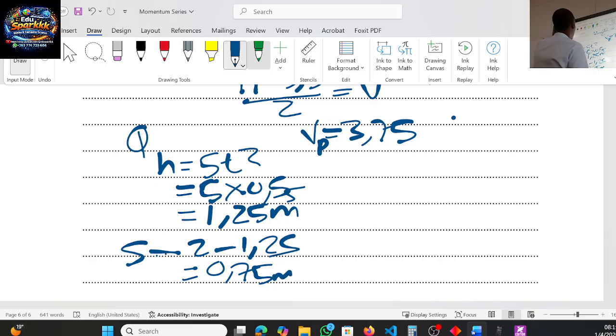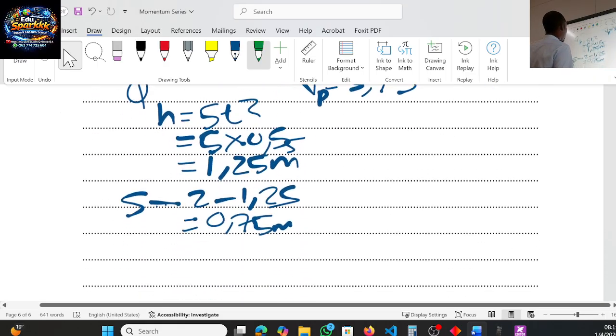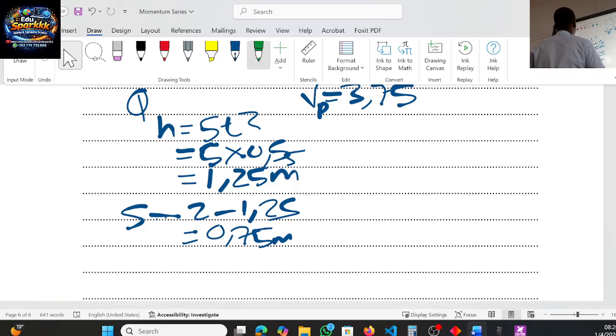So we are interested in the speed of P reaching the ground. Initially it's moving at 3.75 meters per second, but it wants to cover a distance of 0.75, and it's free falling. So the final velocity is what we want.